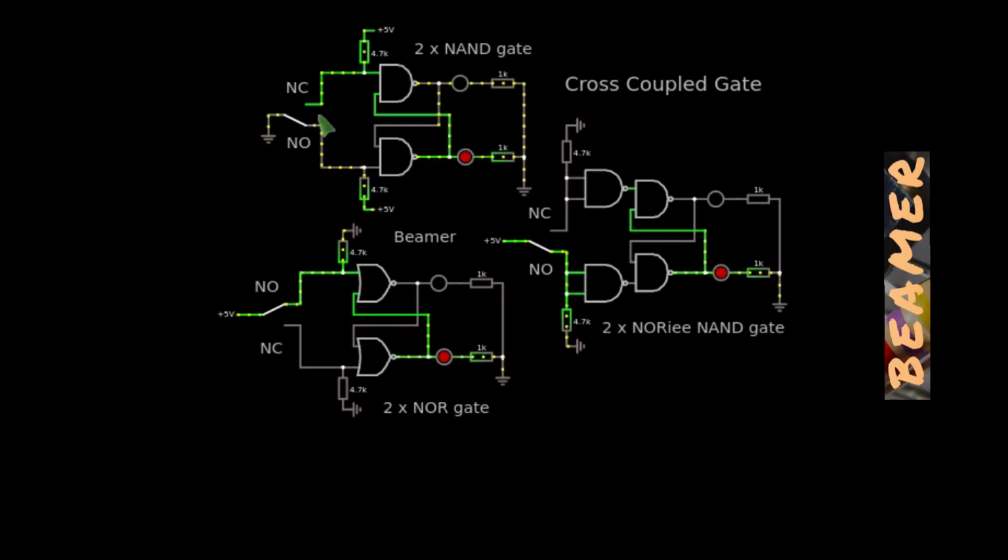That will flip the NAND gates here, and it doesn't matter how many subsequent bounces occur on that contact, this will remain locked. This wiper has just activated this flip-flop on the very first contact it made. And then, of course, the reverse is true. And that is how this works.